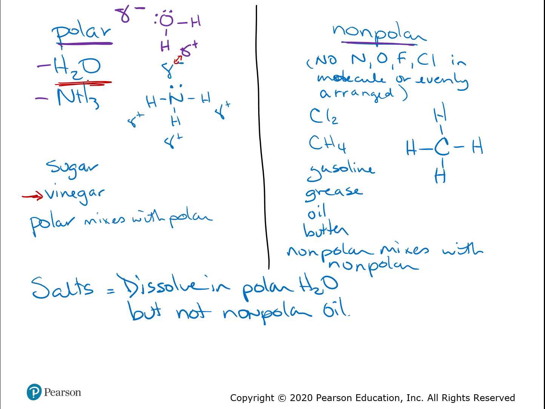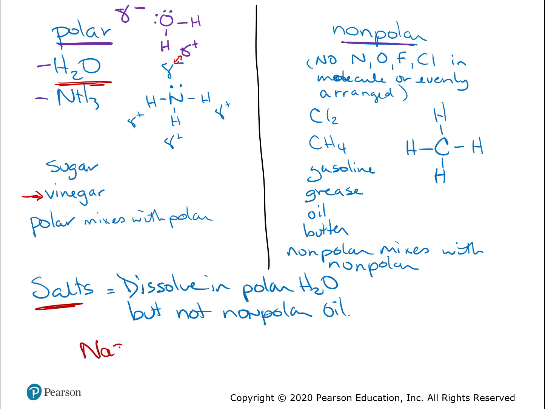If it mixes with water and it's a covalent molecule, it's got to be polar because they mix and they stay mixed. Salts are another example, though, and the reason why water is such a great solvent is because water is polar and salts are charged. They're ionic. So when I mix ionic salts with polar water, it gives the salts the ability to dissociate or break apart in the water.